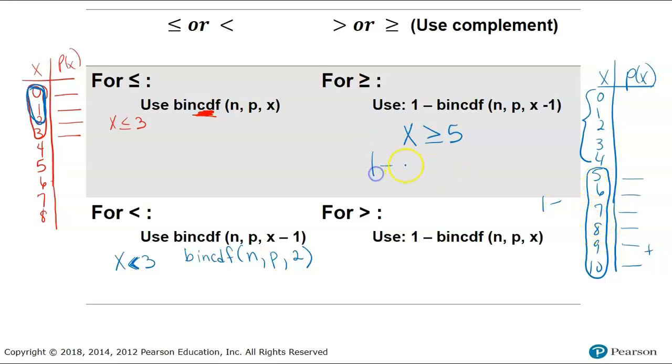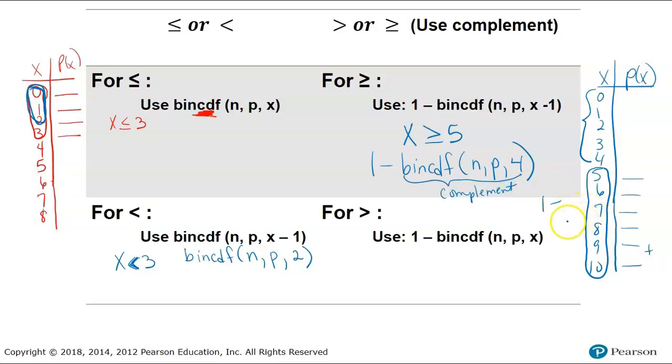So I'm going to do 1 minus the binomial CDF of whatever my N and P are for that particular problem. And if this is 5, then I want to stop one less than that. I want to stop at 4. So if I'm starting here at 5, then I need to stop the complement to it at 4. So this is actually referring to the complement to what we want.